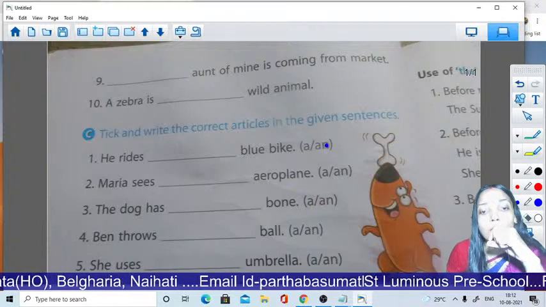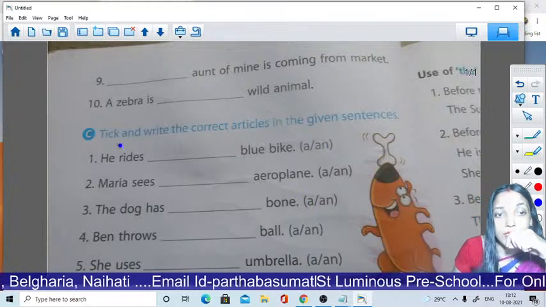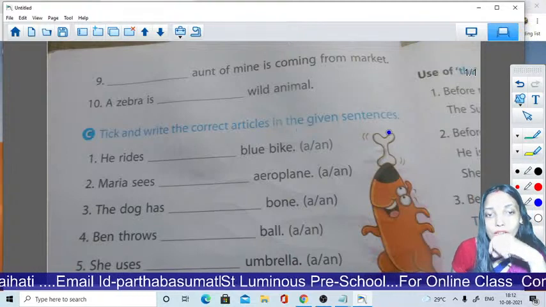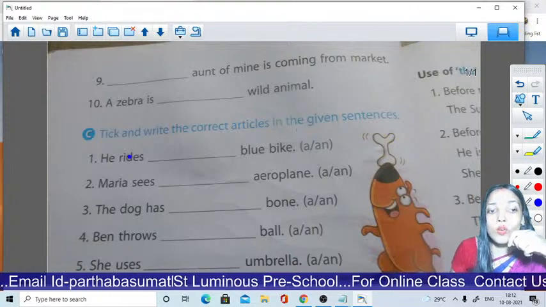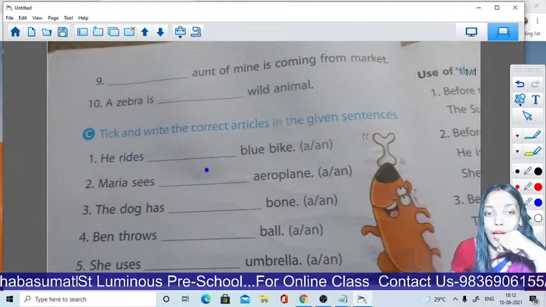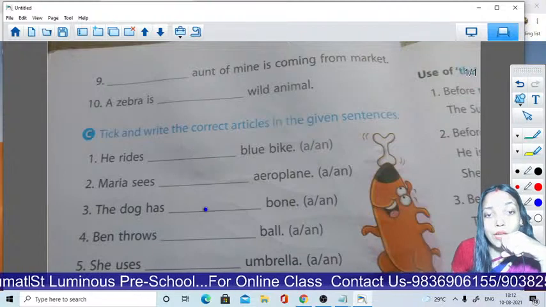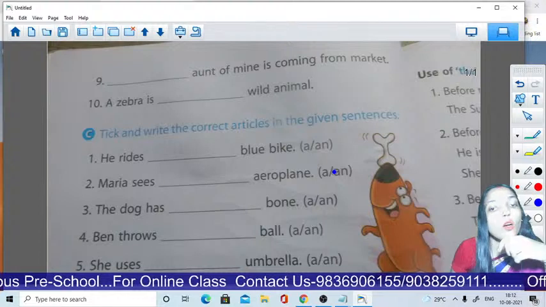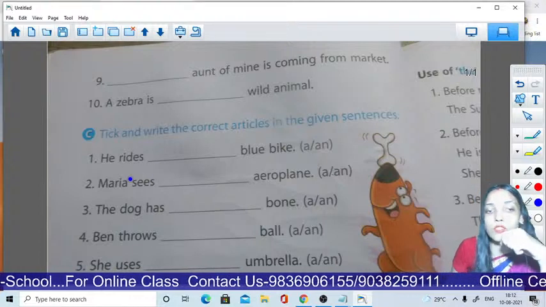This is my worksheet page. Tick and write the correct articles in the given sentences. Look here, some sentences are given. You all have to fill the blank space with the correct article. Okay, so let's start with me.